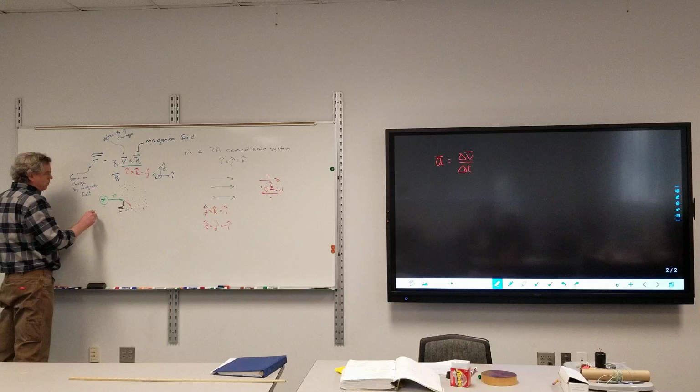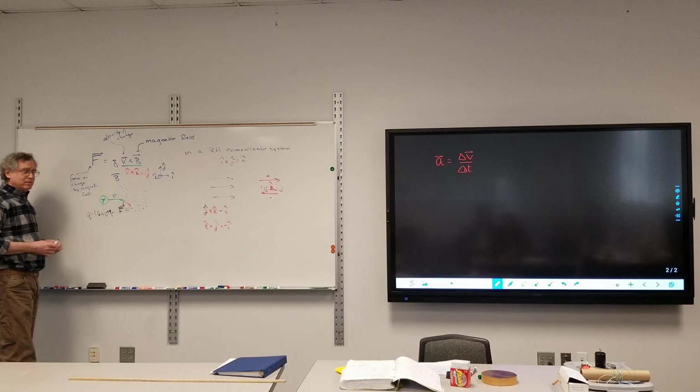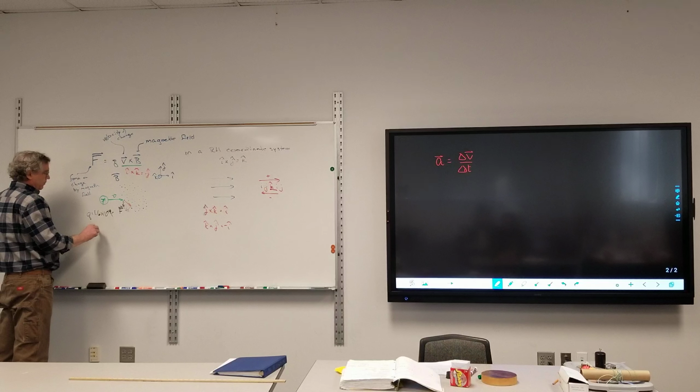So if Q is 1.6 times 10 to the negative 19th coulombs, which I hope you would know, but take the engineering approach and figure out where to look it up. And the velocity, why don't we make it 3 times 10 to the 6th meters per second.